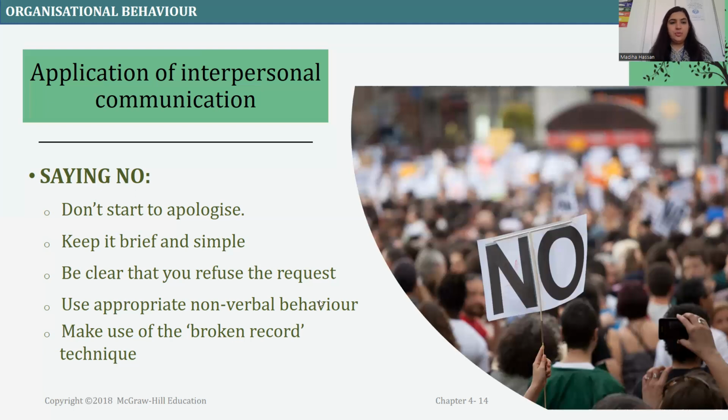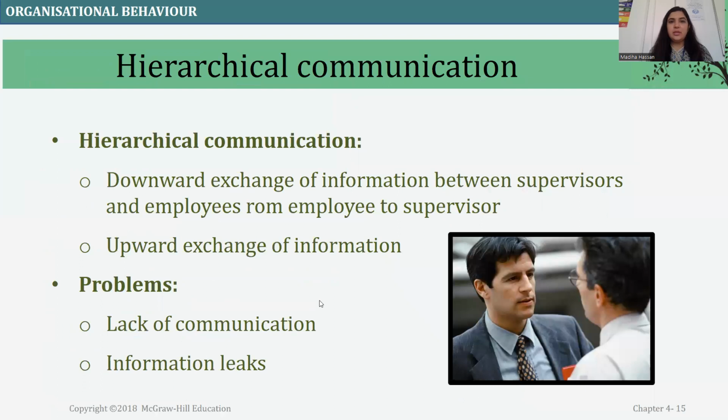Okay. So moving on, next is hierarchical communication. Hierarchical communication is the downward exchange of information between superiors and employees, as we discussed in the start, and the upward exchange of information. The problem in that is there is a lack of communication. If something is just coming to you and you have to fulfill it, there is no way you are communicating back that, oh, this is a burden.